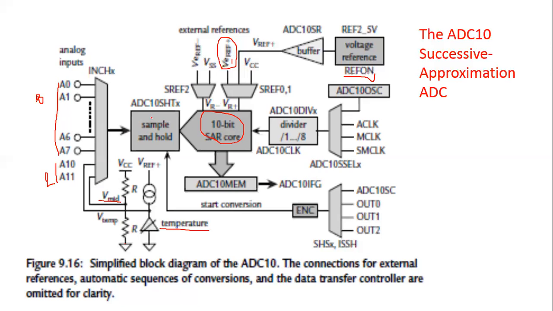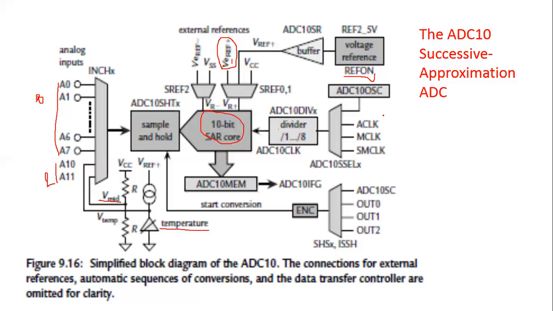If the input is less, then whatever bit was made 1 will be converted into 0. That is the simple logic. Then this successive approximation will be operated with different frequencies.